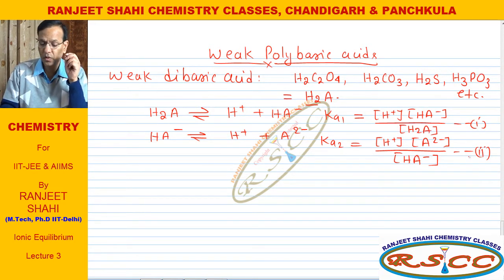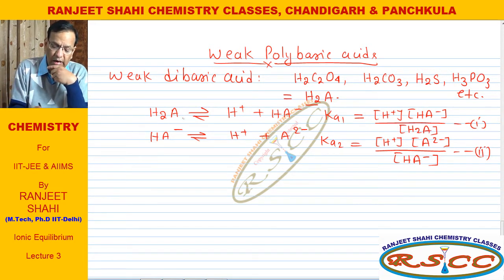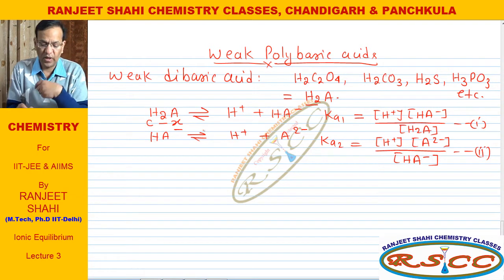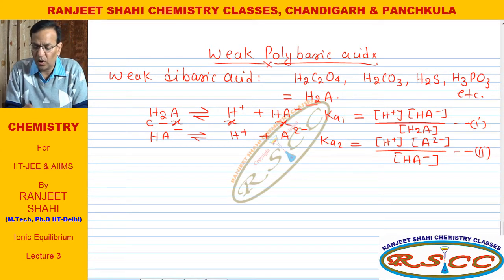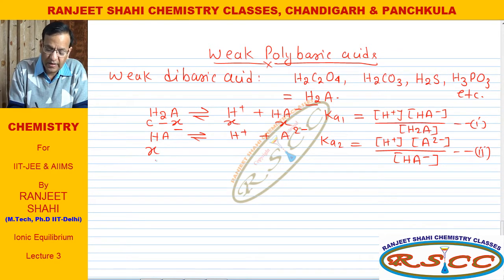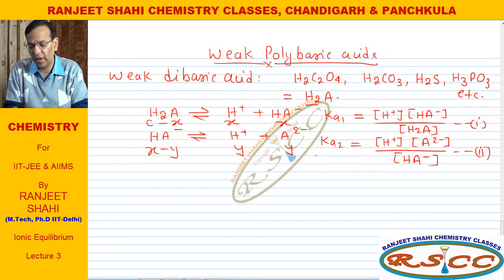Now, say the initial concentration of H2A is C, and out of C, x mole per liter of H2A has been ionized, so it will produce x mole of H+ and x mole of HA-. But out of this x mole of HA-, some y mole of HA- will be ionized further to produce y mole of H+ and y mole of A2-.